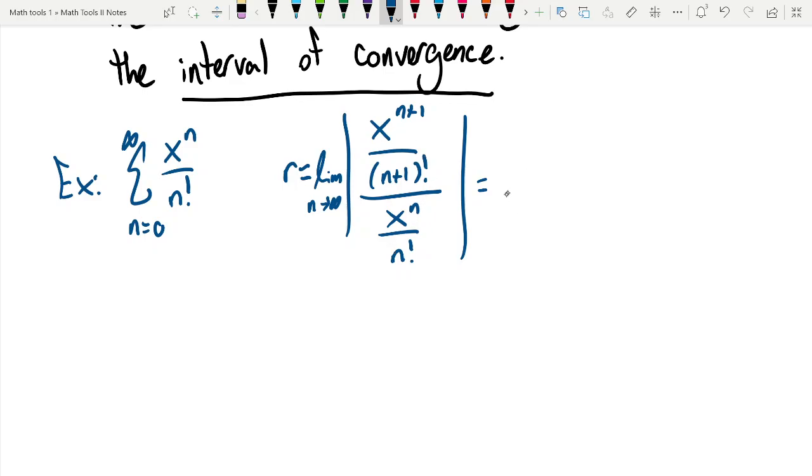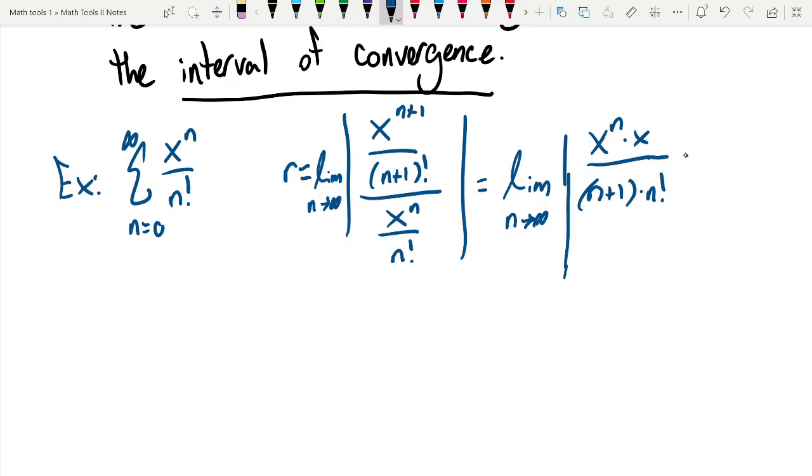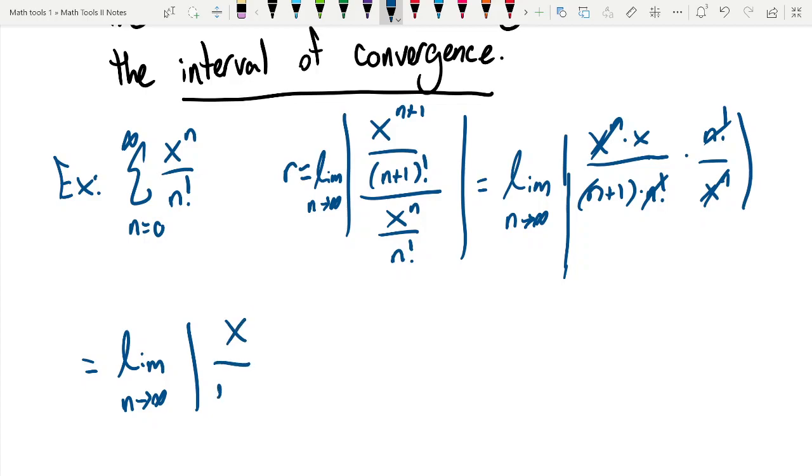So we'll rewrite some of these steps: x to the n plus 1 over n plus 1 times n factorial, times n factorial over x to the n. Same kind of process we were using before. So this is going to be the limit as n goes to infinity of the absolute value of x over n plus 1.